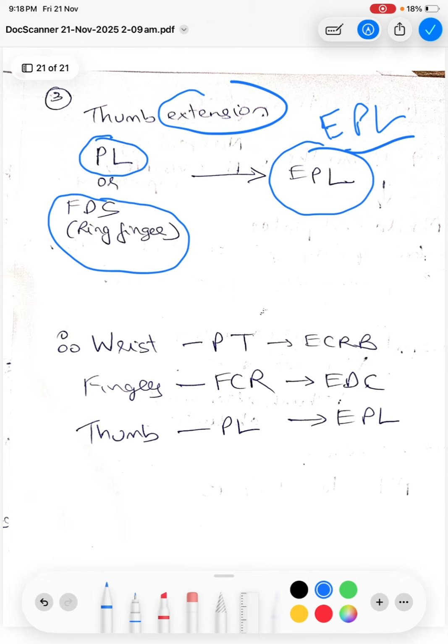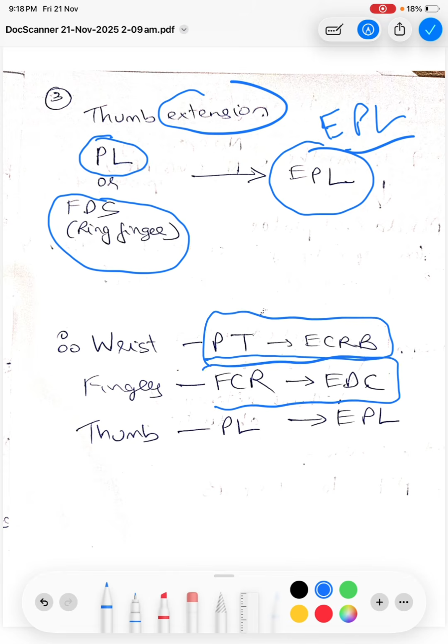Okay, so what are the main tendon transfers? Most common tendon transfers: at the wrist, pronator teres to ECRB; at the finger, FCR to EDC; and at the thumb, palmaris longus to EPL. Okay, am I making sense? Is this clear? Okay, so my dear friends, that was all about the concept of radial nerve palsy, PIN palsy, and the lovely, logical concept of wrist drop, finger drop, and thumb drop.